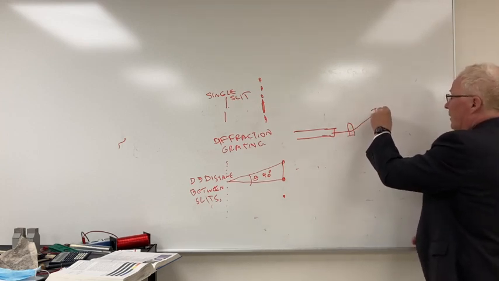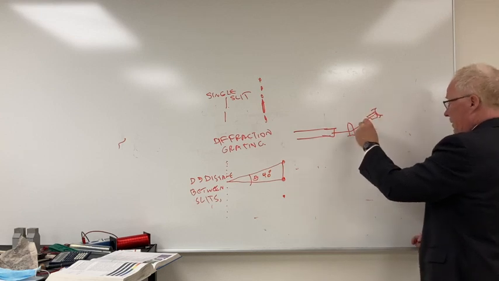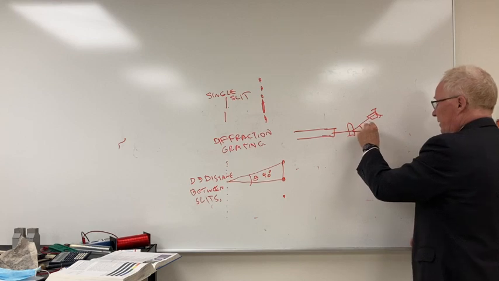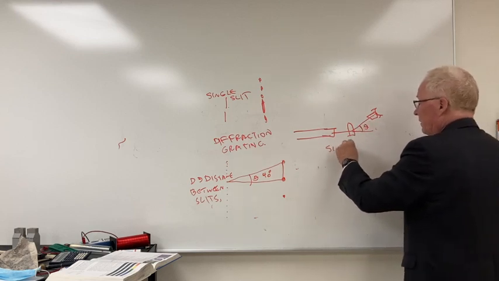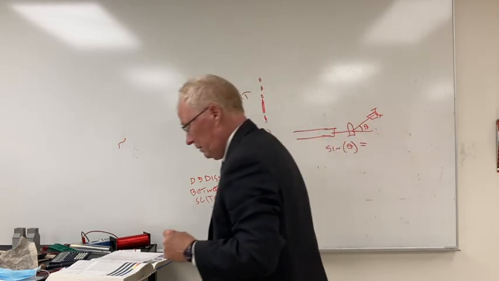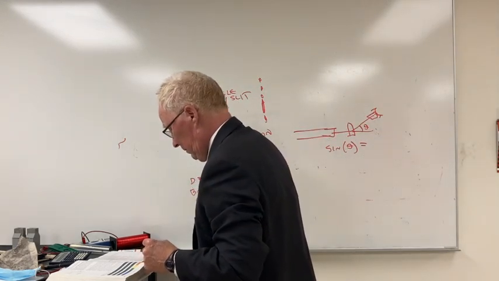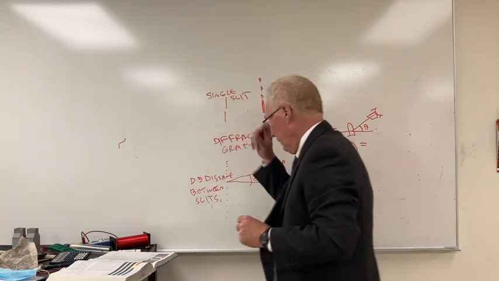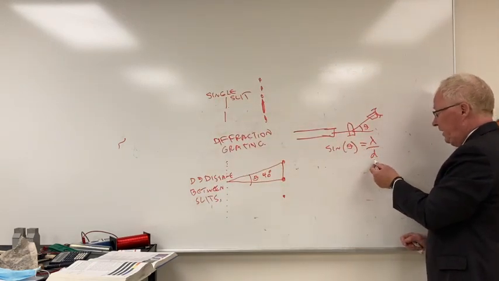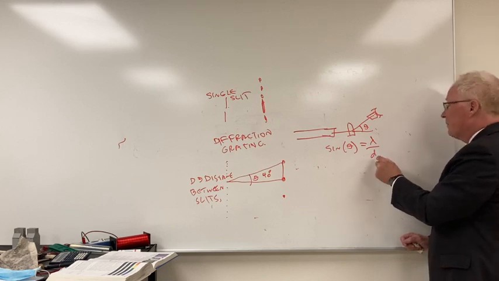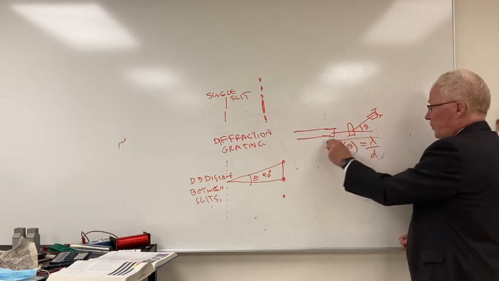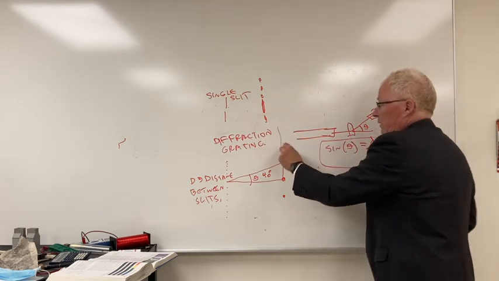You look at it through the little scope, and this is the angle we easily measure. So sine theta is lambda over d, where d is the width between each slit, and lambda is the wavelength. So that's the expression for the diffraction grating.